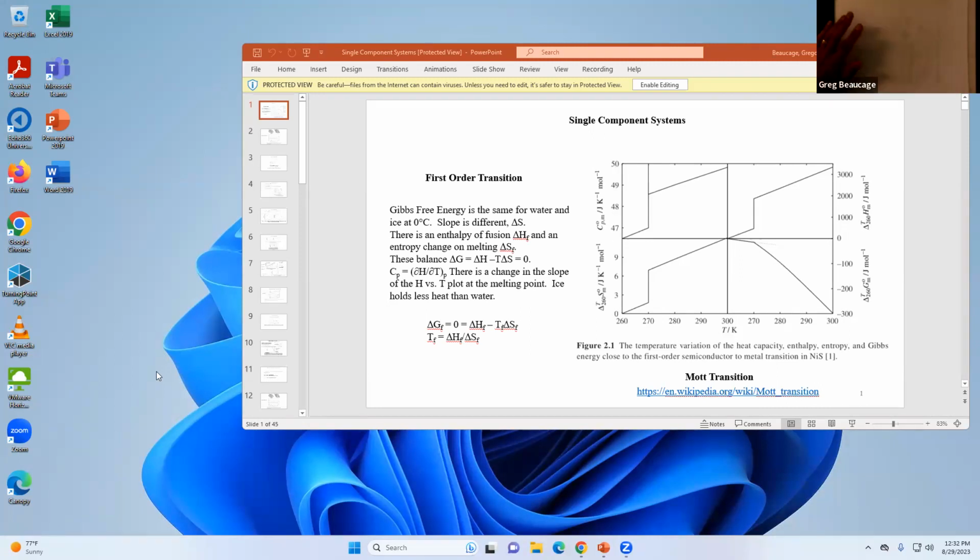Anyway, so someone asked about the, okay. That's okay. All right. Someone asked about the Gibbs-Duhem, which is the equation, if you say, sorry, you're being out of focus.